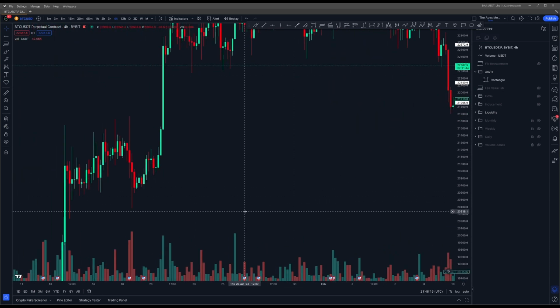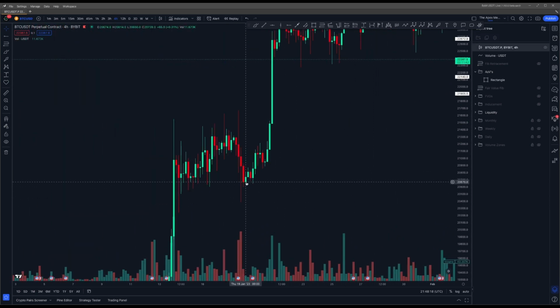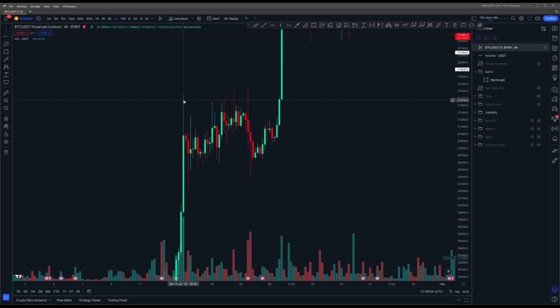Yes, it is. We came down here, price reversed back, and then this area here became the area where we reversed from, significantly so.